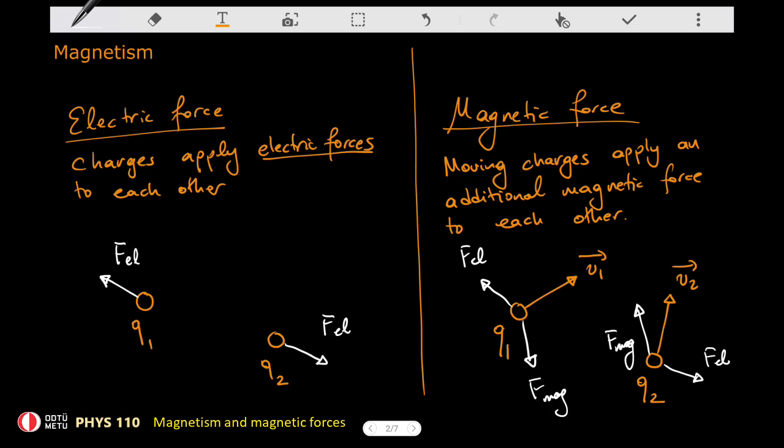According to Newton's third law, they have to be equal and opposite. Essentially, therefore, two charges can interact by applying two different kinds of forces. There's an electric force and a magnetic force, but the magnetic force is only applied when both charges are moving. You can think of it like that.